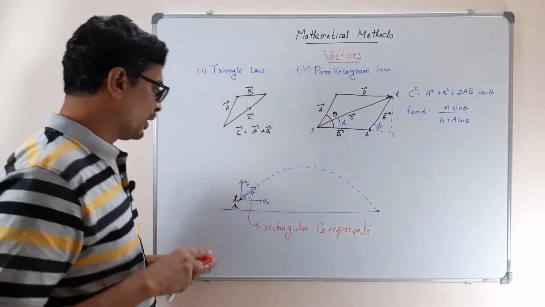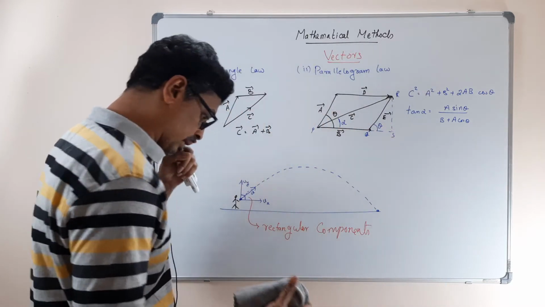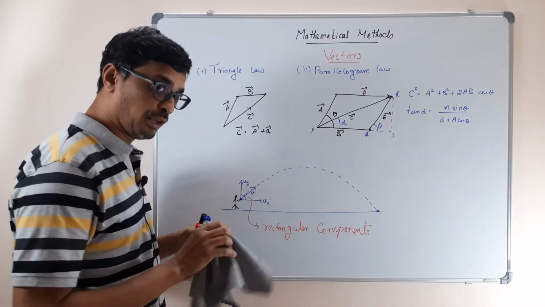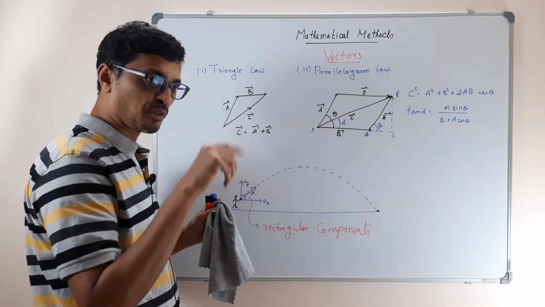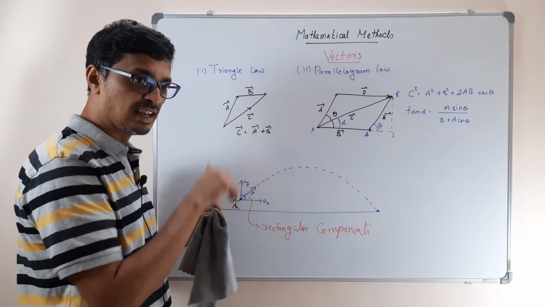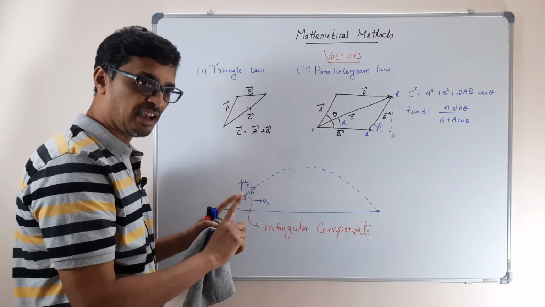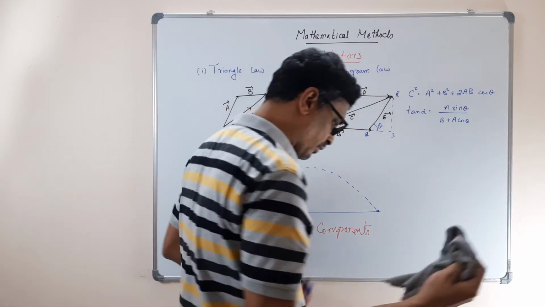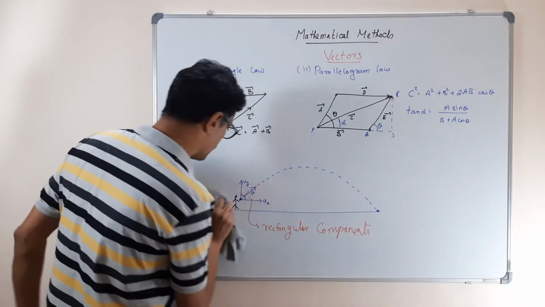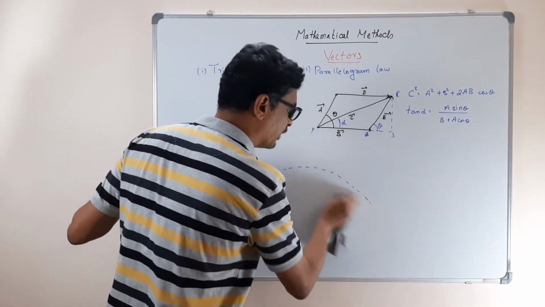Okay, and this is important. If you remember, in the first class when we were defining unit vectors, we defined a notation: the unit vector along the x-axis is i cap, along the y-axis is j cap, and along the z-axis is k cap. Then we can always resolve a vector into three different components.